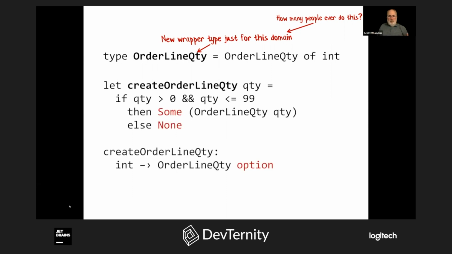And if I look at the signature, it says you give me an integer and I might give you back a valid quantity. And what's interesting about this is that 0 is not a valid number. So if you hit the minus button on your cart and it goes down to 0, you cannot get one of these things. So you are forced to deal with it in your code. What happens when there's 0? You can't accidentally forget about it.